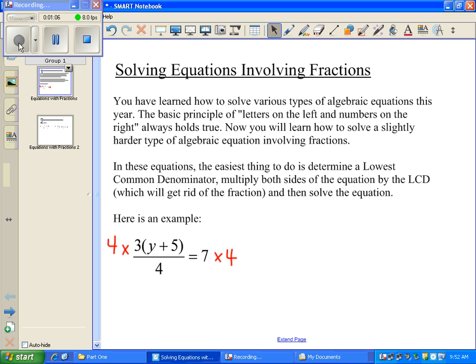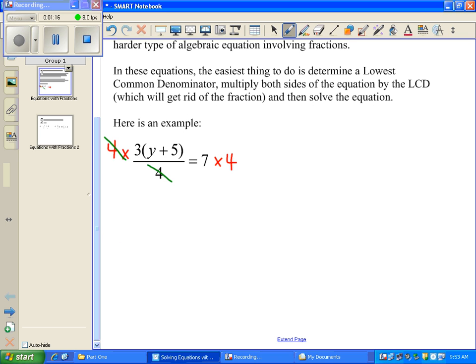By doing that, I haven't changed the equation because I've multiplied both sides by the same thing. Now, what that enables me to do is cancel out the 4's on the left-hand side, so that my next line will just be left with 3 times y plus 5 is equal to 28. Now this equation looks like all of the other ones that you've already learned, and you would just go ahead and solve it in that way. So 3 times y is 3y, 3 times 5 is 15.